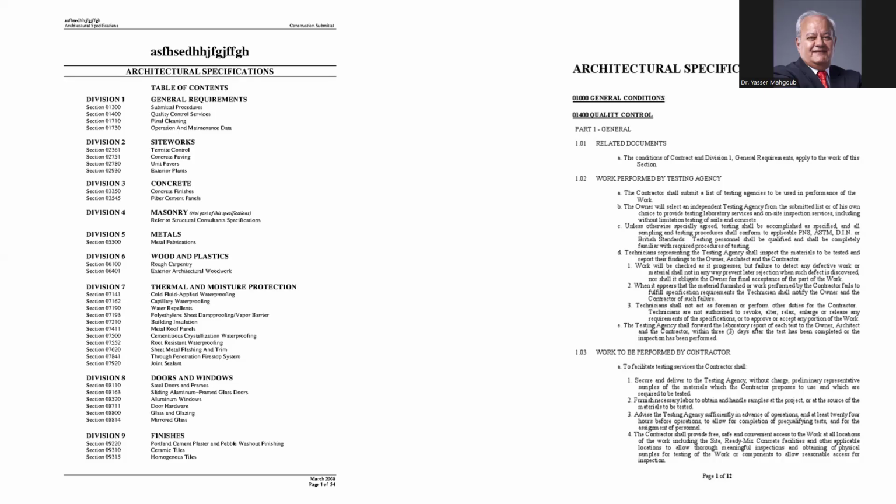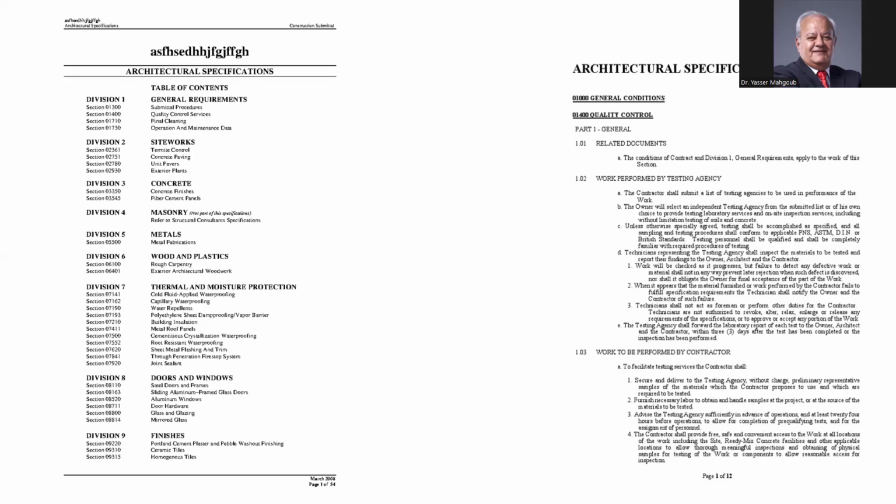So the specs are a big document that has to be standardized and follow the country's specifications, which come from the Building Research Center. They publish the specifications and building codes in Egypt. You have to always find these documents and have copies of them.